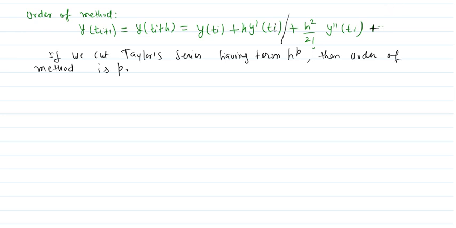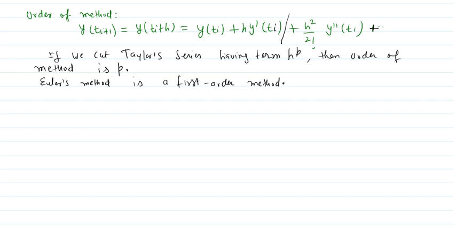So from this you can say Euler's method has first order, or it is first order accurate. So Euler's method is a first order method. And similarly, if you write Taylor series up to h square, so that is a second order method, and so on.